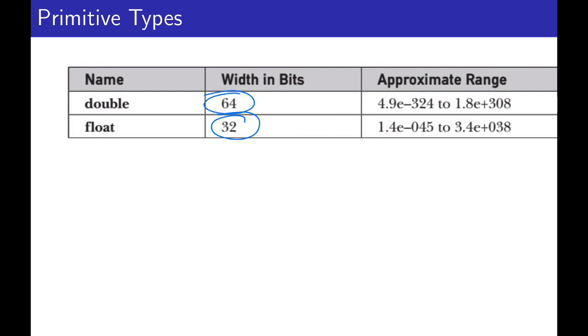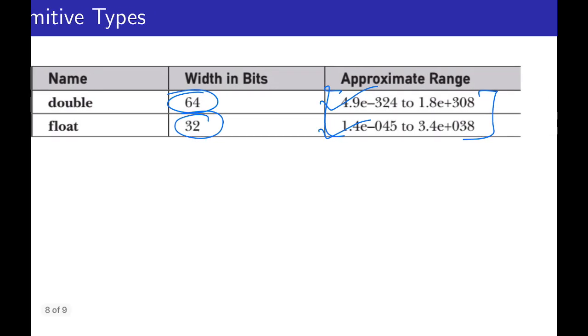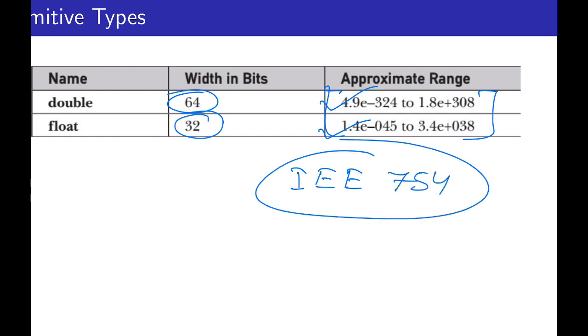The range of float is this one, and the range of double is this one. And how are these values computed? These values are based on the IEEE 754 representation that we will study later.